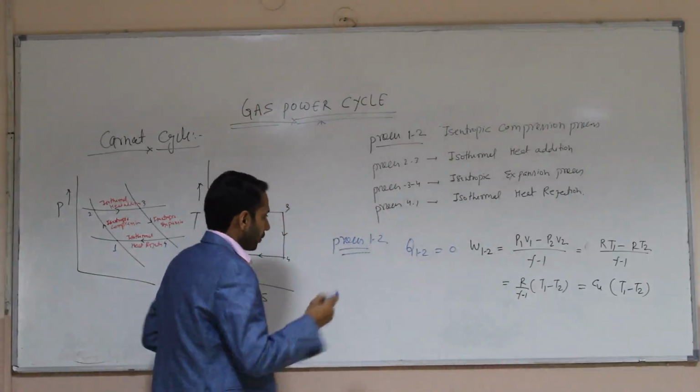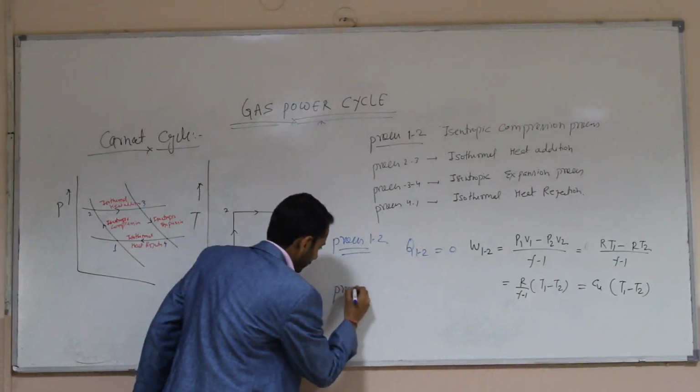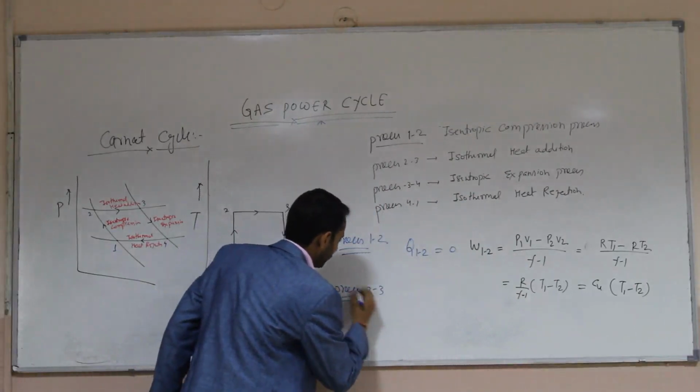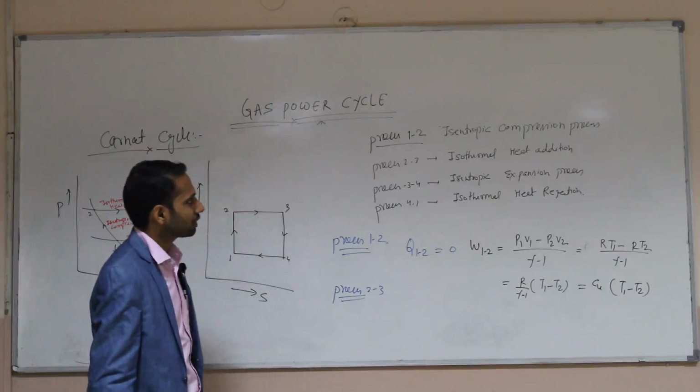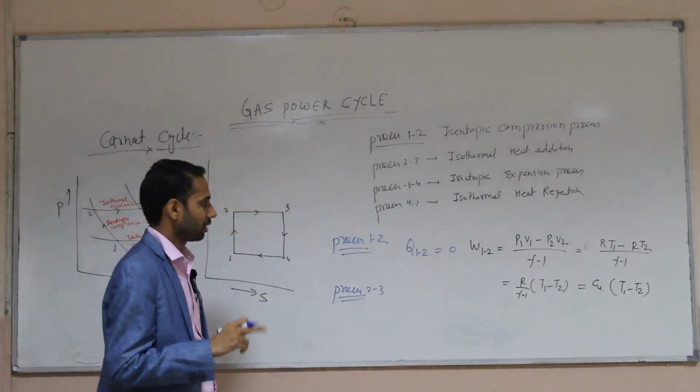Now go to process number 2 to 3. What is process 2 to 3? It is an isothermal heat addition.